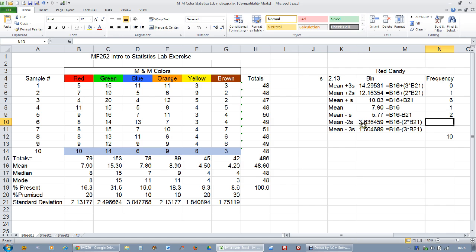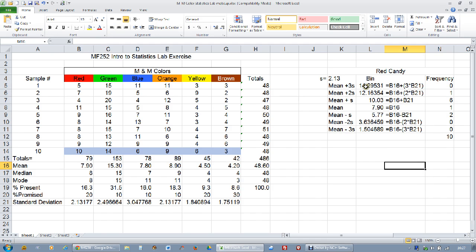Less than or equal to 3.63 and greater than 1.50 is 0. And anything less than 1.50 is 0. And I did a sum here of this column to make sure that I have 10, because here we have 10 samples or 10 numbers.